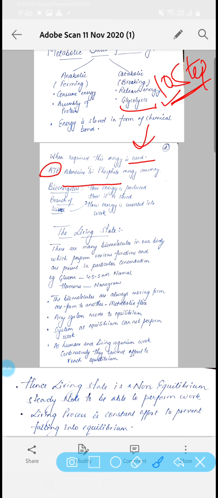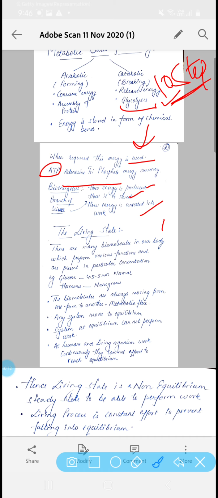When our body has to perform any kind of mechanical work or any kind of reaction, it has to pay the energy in the form of ATP. Okay. Now, there is one branch of science which deals with how the energy is produced inside the body, how and where it is stored in the body, and how the energy is converted into work.